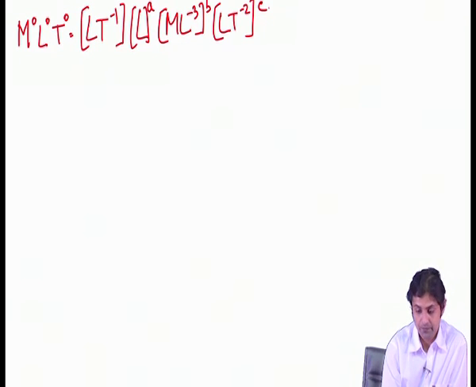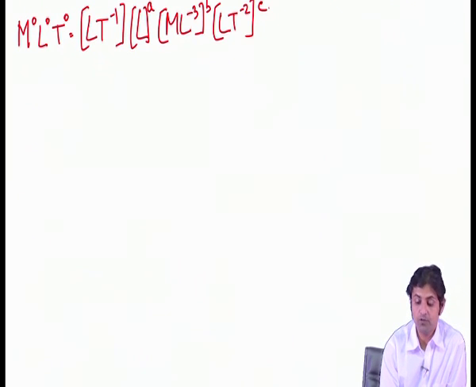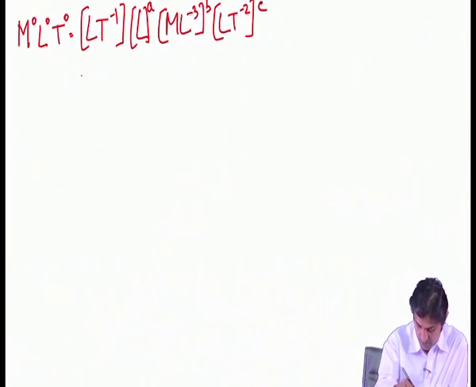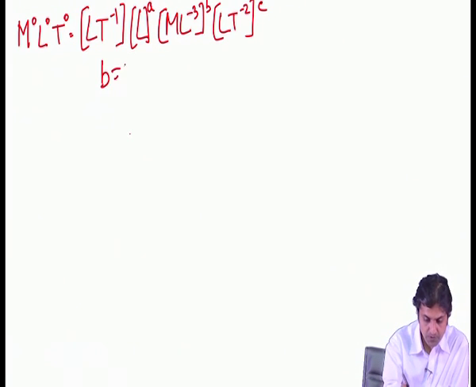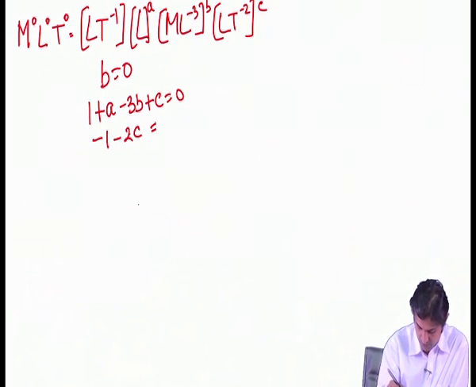Okay. All right. So, if we solve this, we see there is only one term for M. So, equating M, we will get b is equal to 0. Secondly, we will get 1 plus a minus 3b plus c is equal to 0. And thirdly, minus 1 minus 2c is equal to 0.